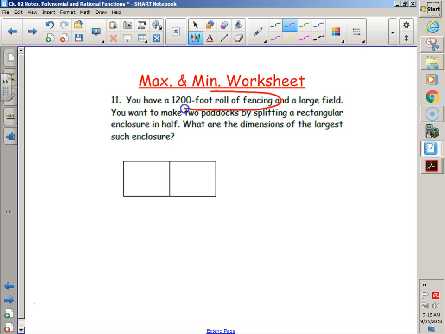1200. Fencing. What else? What are they asking for? Why am I going to come over here and write perimeter and area again?